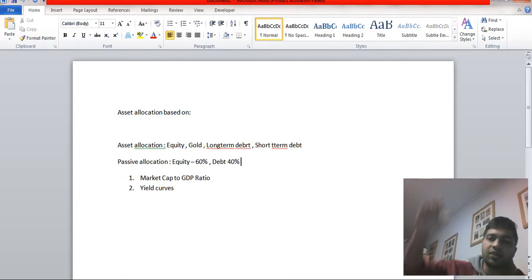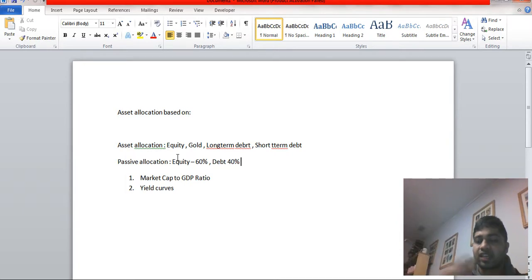Now what happens if the equity market falls? The debt allocation becomes higher and the equity allocation becomes lower. So then you remove money from debt and bring it to equity. If the debt market falls and the equity market rises, then equity allocation becomes higher than 60 and debt allocation becomes lower than 40. Then you remove money from equity and bring it back to debt.